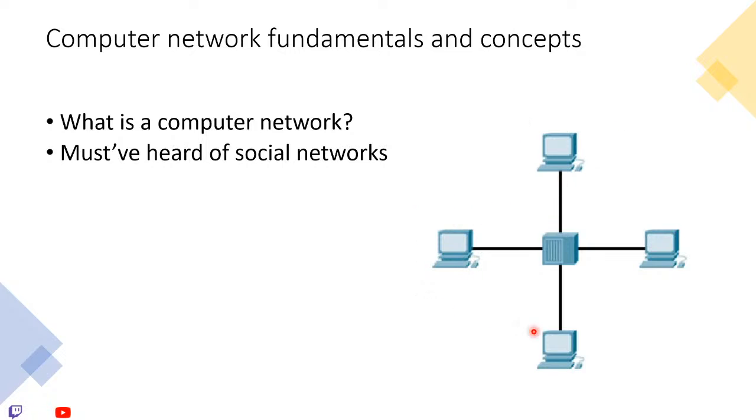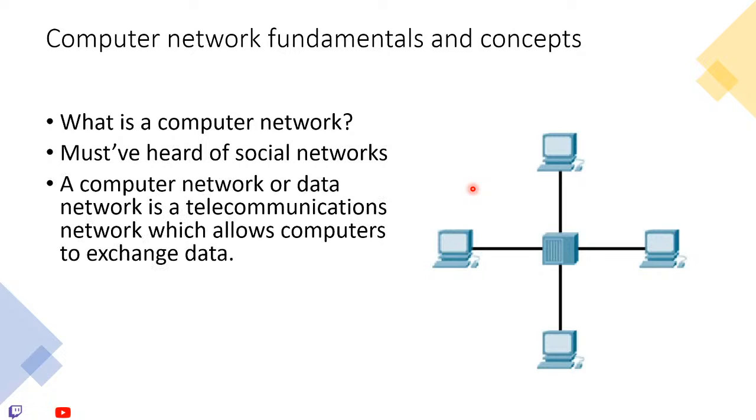Those nodes are the endpoints. A computer network is a network of computers or nodes, and a node can be any mobile phone or tablet, for sharing resources. A computer network or data network is a telecommunication network which allows computers to exchange data.